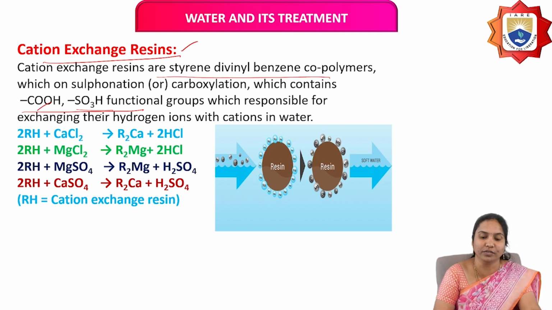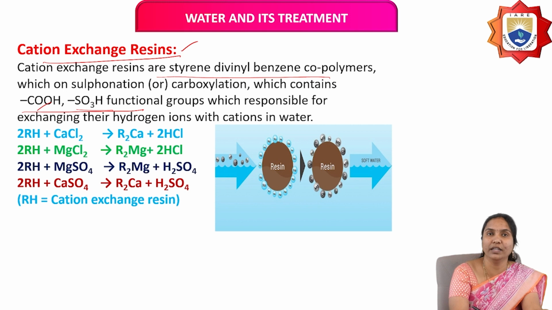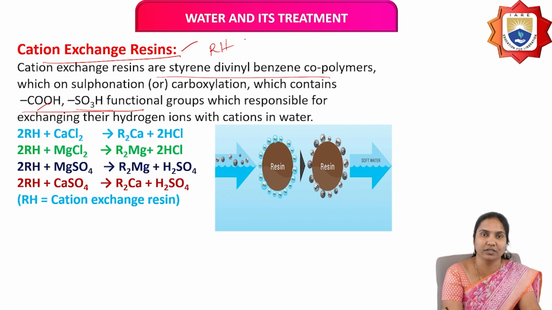These groups are responsible for exchanging their H plus ions into the water and are capable of absorbing the cations present in water. For example, the cation exchange resin is represented as RH or RH2. So this is a cation exchange resin.